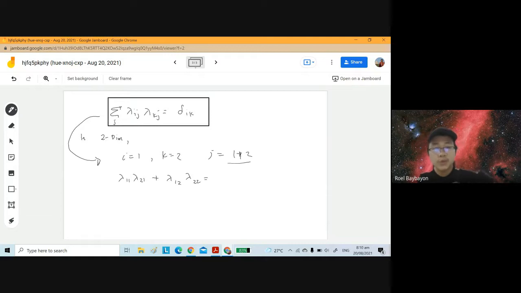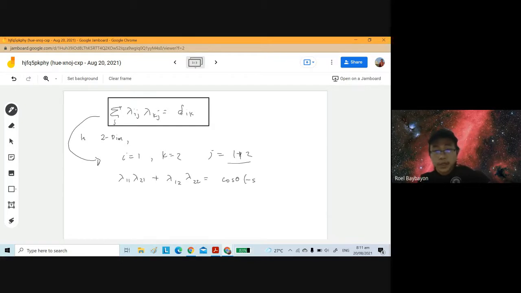And we know lambda 1 1, I think this is cosine theta. Yeah, it's cosine theta. And then lambda 2 1 is minus sine theta.